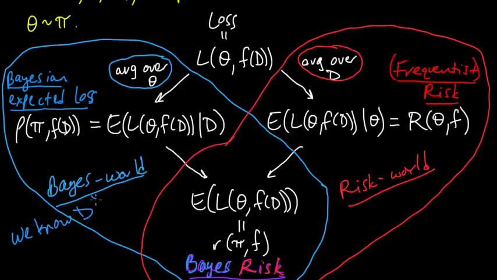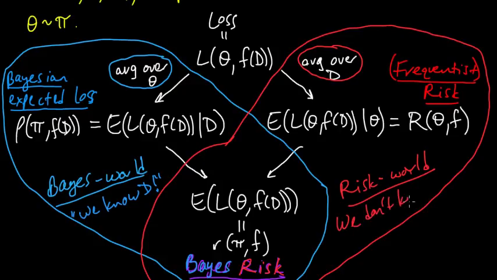We know D. So why would we average over the data? That seems like a silly thing to do. But the frequentist says, or the person in risk world, usually they're called frequentists, the frequentist says, but we don't know pi.